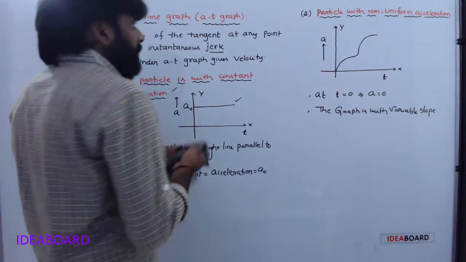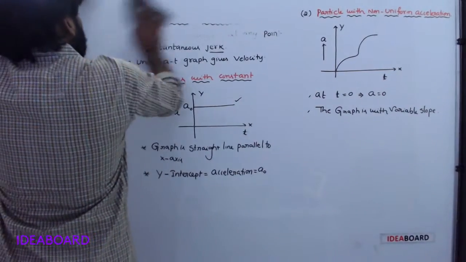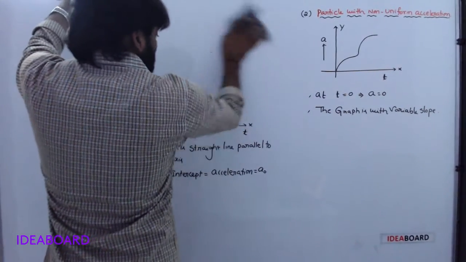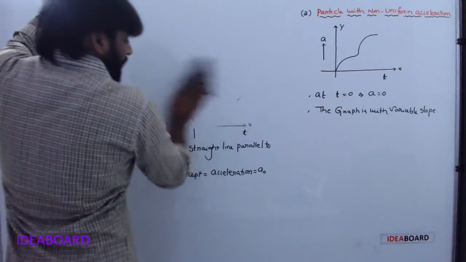Now, first the position time graph, next the velocity time graph, next the acceleration time graph.